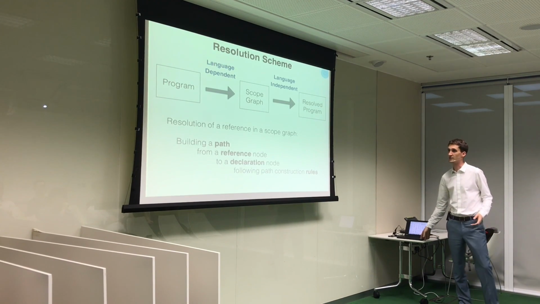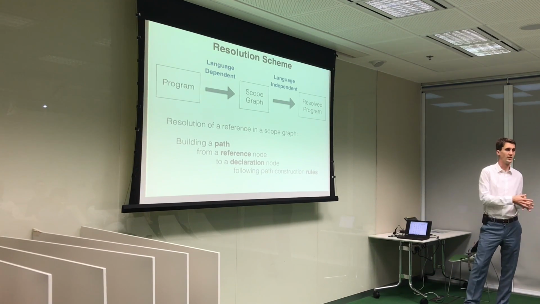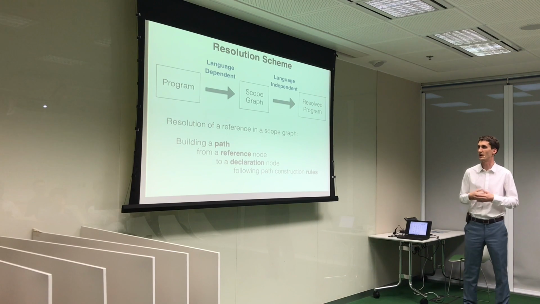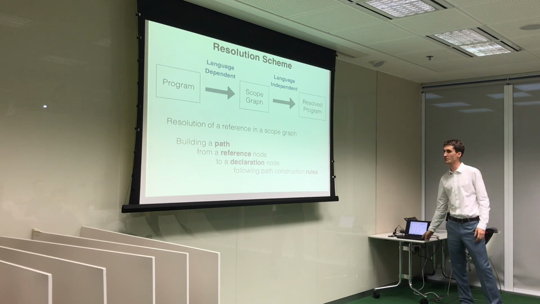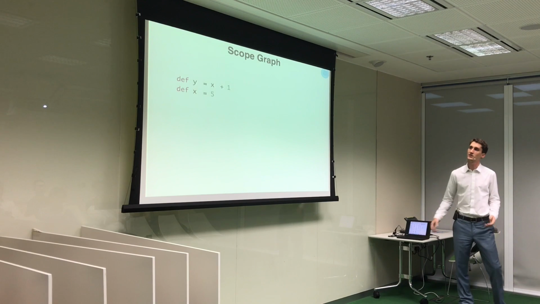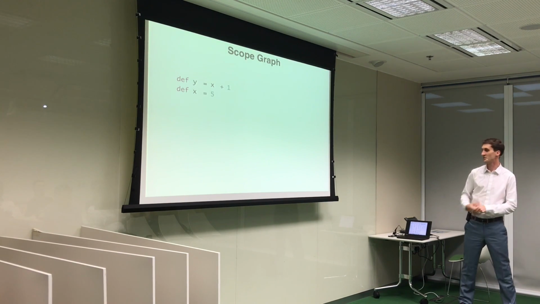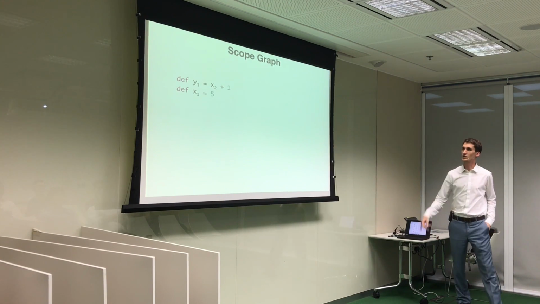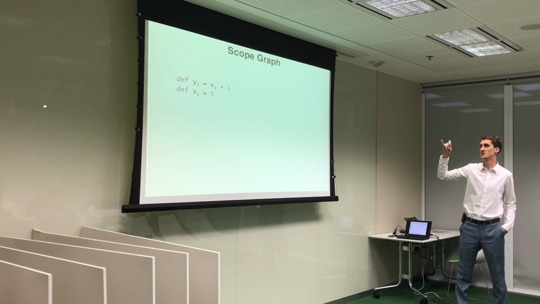So you can know, from one occurrence of a variable, where it resolves, just by building a path in that graph. So how does that work? Well, if we take a very simple program that has two definitions, x and y, I just annotate the different occurrences.